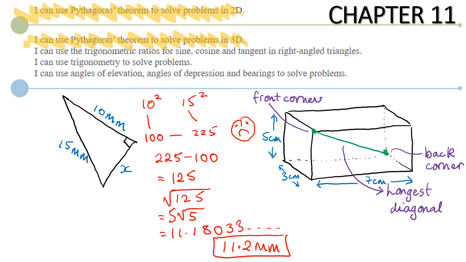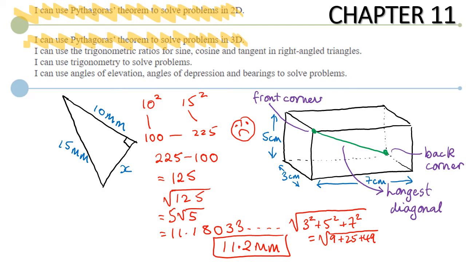So you square the numbers, so 3 squared plus 5 squared plus 7 squared, so you still square, add, square root. Now I've done it all in one calculation there. So that would be the square root of 9 plus 25 plus 49. So it looks like normal Pythagoras, but it's just 3 numbers.